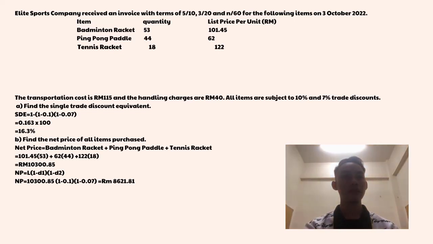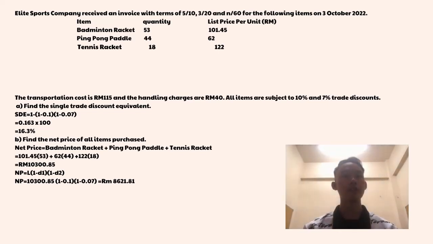So let's move to the question. Question 2. Elite Sports Company received an invoice with terms of 5/10, 3/20 and N/60 for the following items on 3 October 2022. The items are badminton racket, ping pong paddle, and tennis racket.